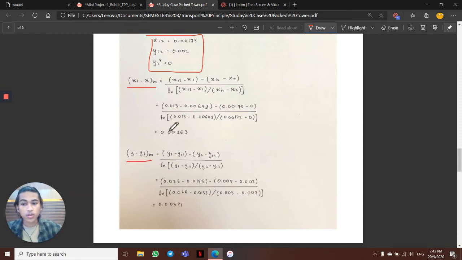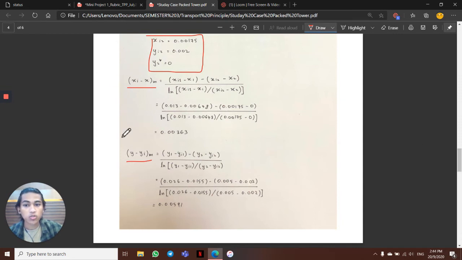Every formula in the transport process is in the appendix. So to find this xi minus x in bracket m, you can find this formula in the appendix. As you can see, this is x in bracket m and y minus yi in bracket m.